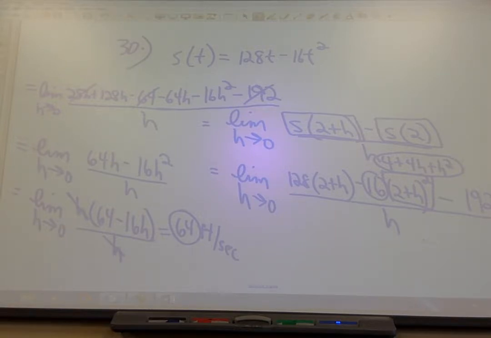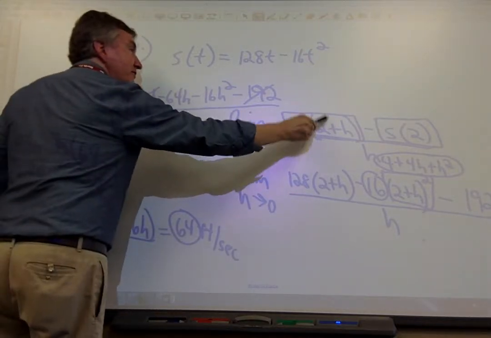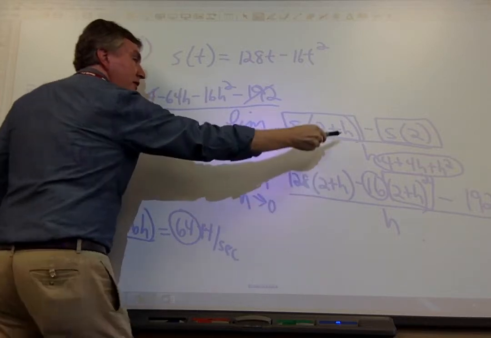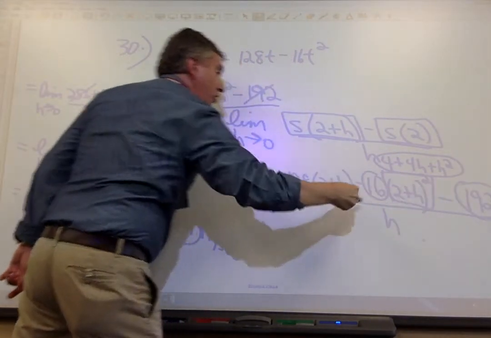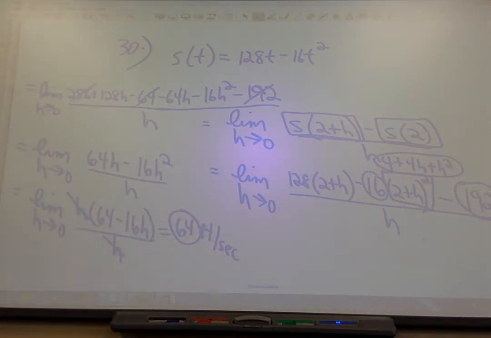That looks like a lot of algebra, doesn't it? But it's just that definition. S of 2 plus H, plug in 2 plus H, minus S of 2, which was 192, all over H, and take the limit as H goes to 0. The rest was just distributing that out and simplifying.